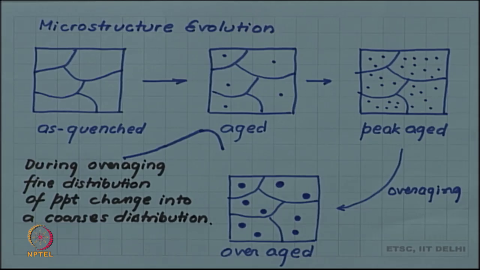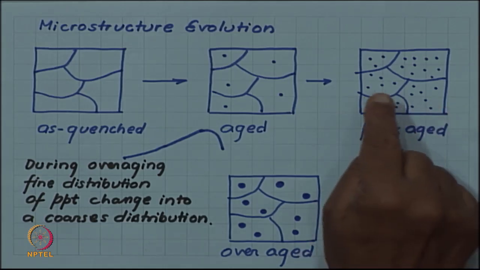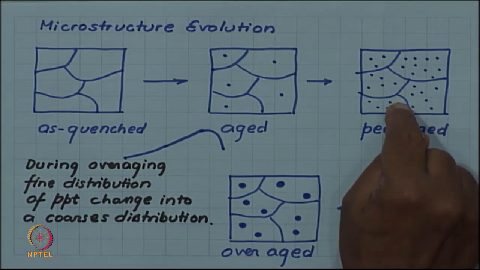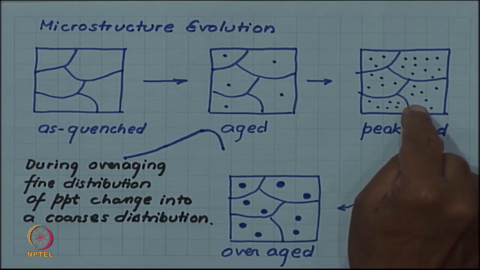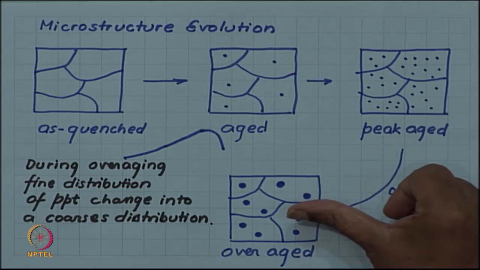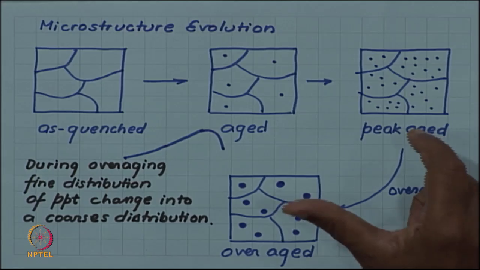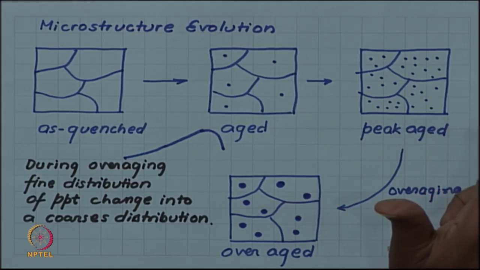The driving force for such a change is the precipitate matrix interfacial energy. Notice that if the same volume is distributed into finer particles, it will have larger interfacial energy, and if it is distributed as coarser particle, it will have a smaller area and a smaller interfacial energy.